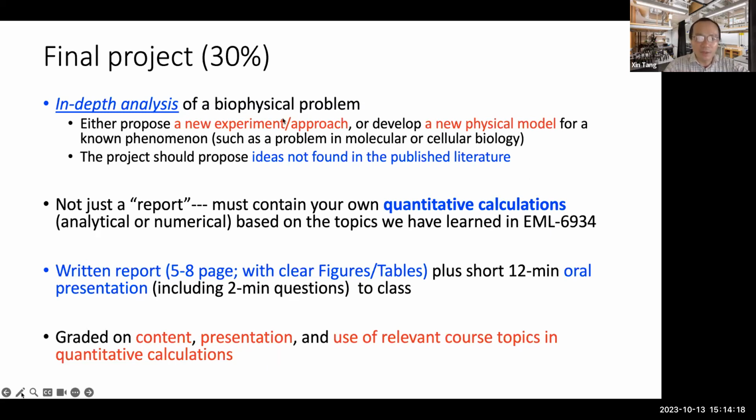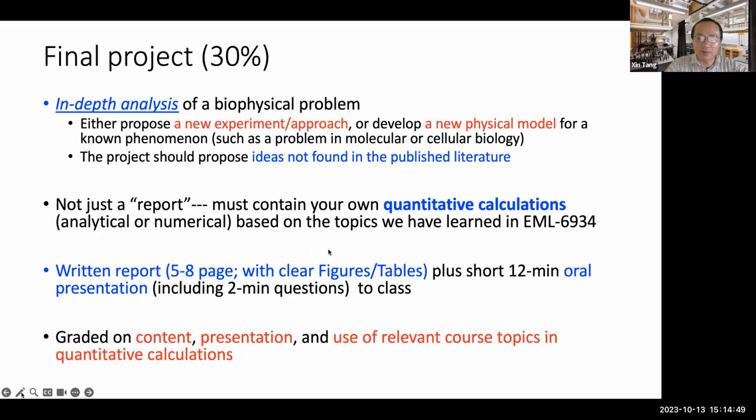Now, this will be the final project, and after the presentation, you can write a report. That's a separate grading. In the next few slides, I will show you the components of the final report. Here is the format: 5 to 8 pages should be fine, and contain figures.